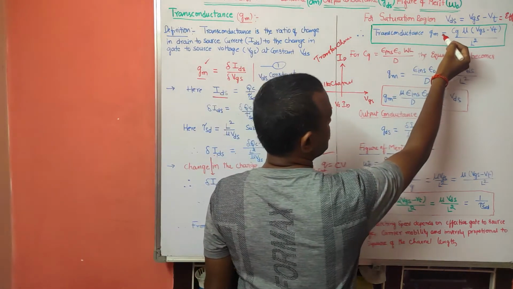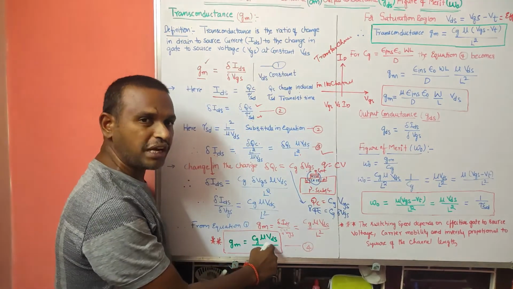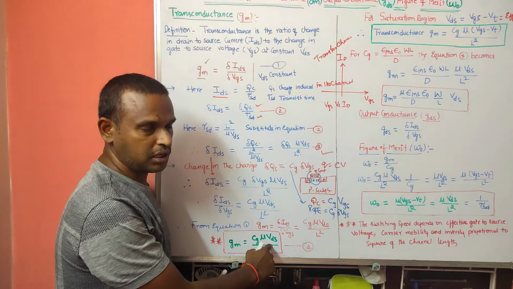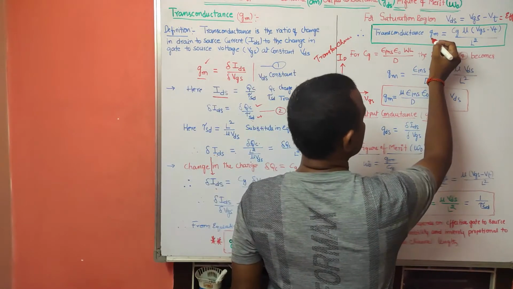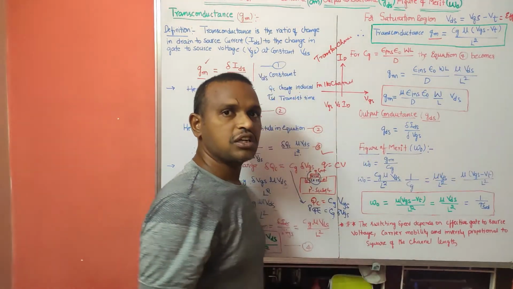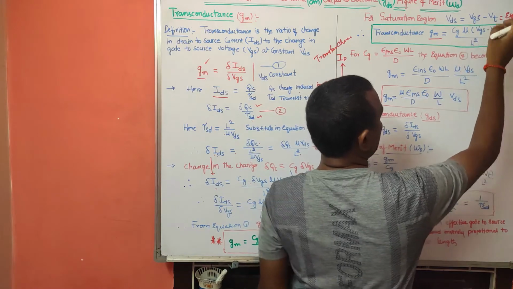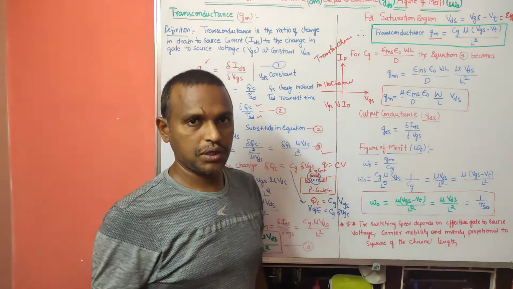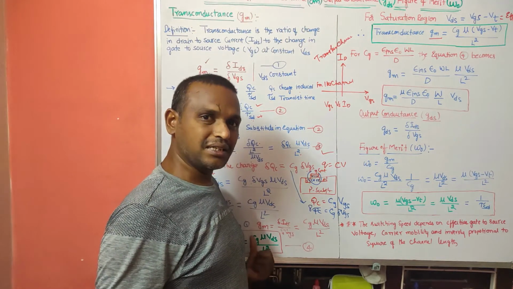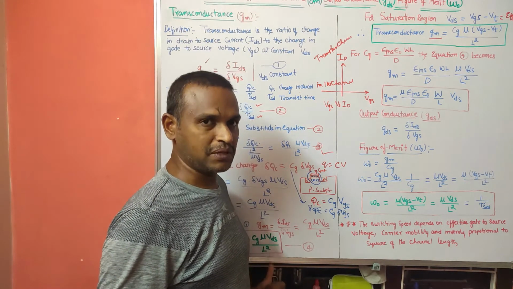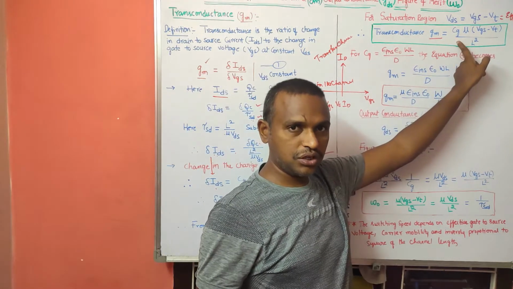Therefore, the transconductance GM is equal to CG mu VGS minus VT by L square. So that is the transconductance equation GM for the saturation region. So this is the equation in terms of gate capacitance for the non-saturation region, and this is for the saturation region.